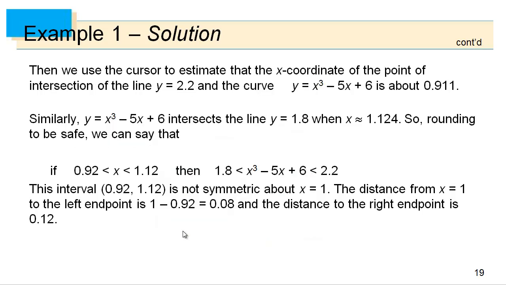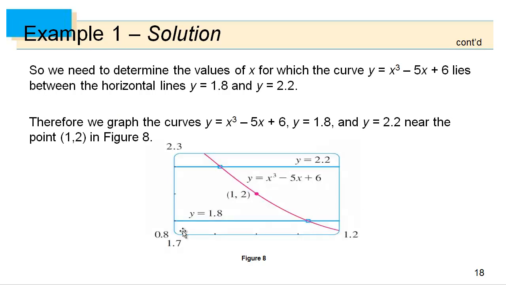Well, if we had technology, we would move the cursor around and figure out what it was. If we didn't have technology, there's other ways to do it. But as far as the graph is concerned, you're doing this. Draw a line down to the x-axis. Right here is x equals 1.